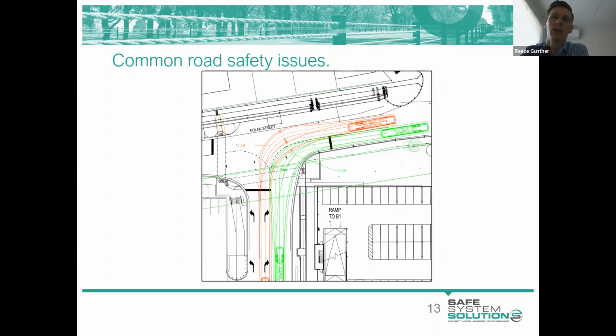So I've run it in terms of the movements that would happen typically under the phasing of this intersection, and found that there would be an increased risk of head-on type crashes at this location as the vehicle tracks into the opposing vehicle's traffic lane, which is not great. This indicates to me that the intersection is too small and doesn't accommodate the design vehicle at this location. There'll be significant rework required to address these issues.